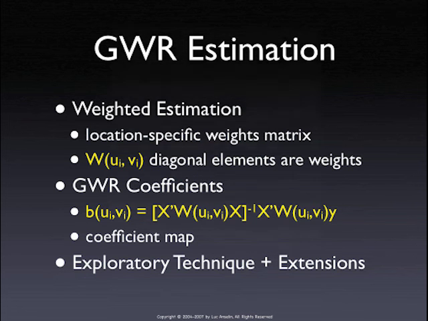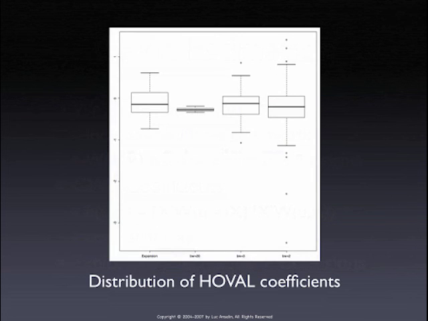To illustrate this, I ran this on the Columbus data one more time, and I was particularly interested in the variability of the housing coefficients. What you see in this graph are 4 box maps. The one on the left is the one that we obtained from the expansion method. In the expansion method, we simply use the linear trend surface in the x and y coordinates.